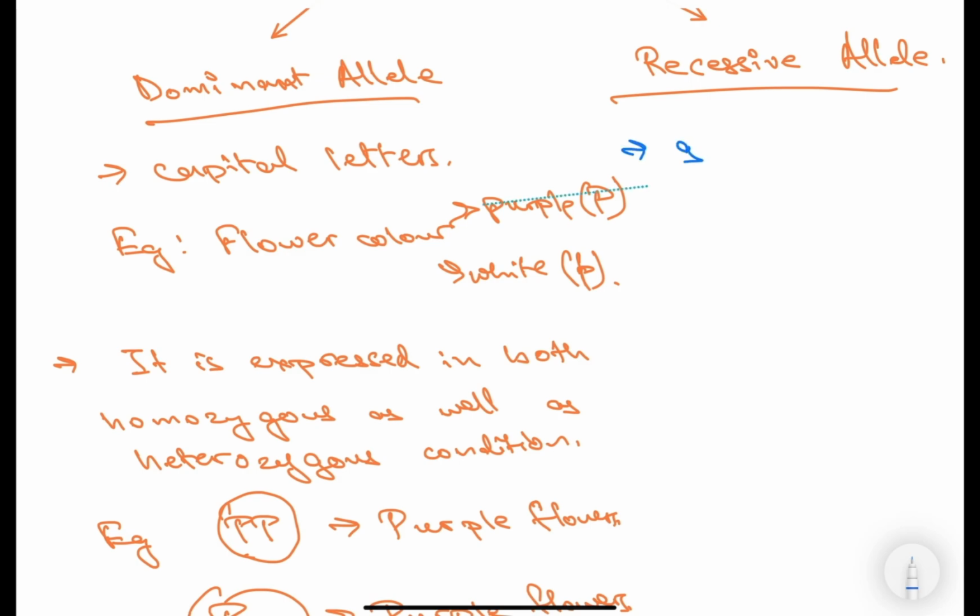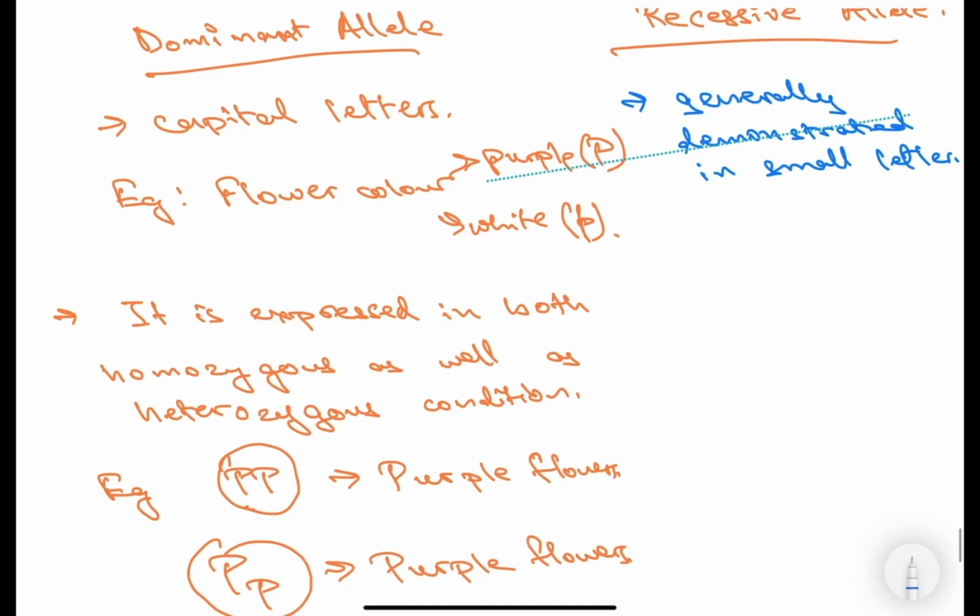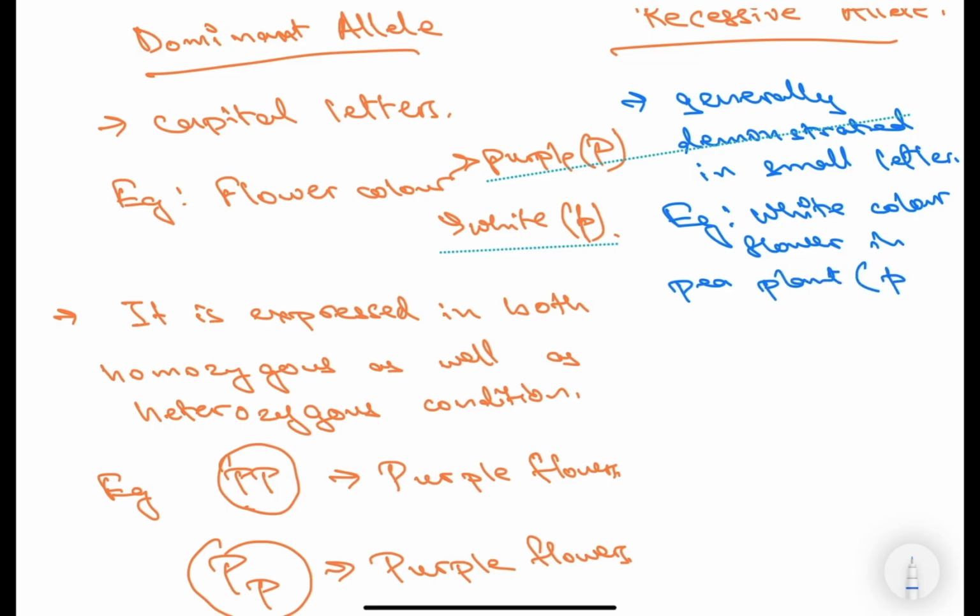For example, the allele for white flowers in the pea plant is referred to as small p.